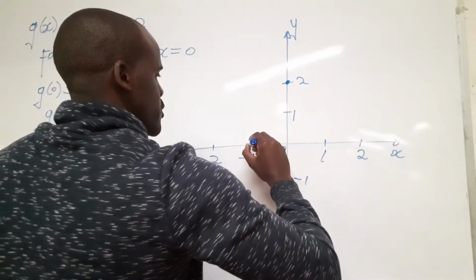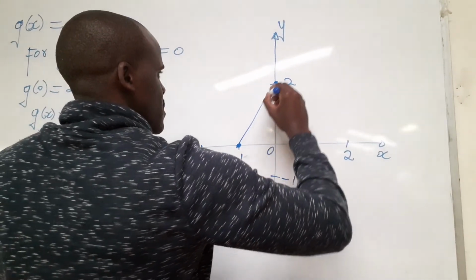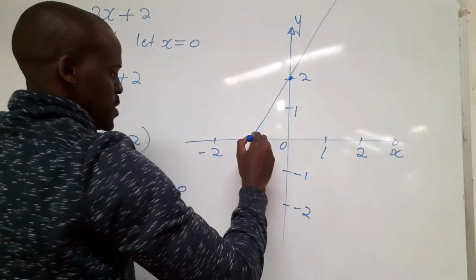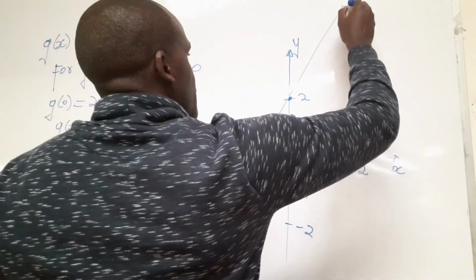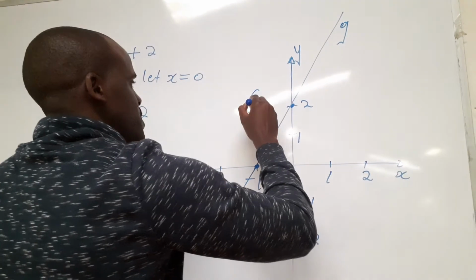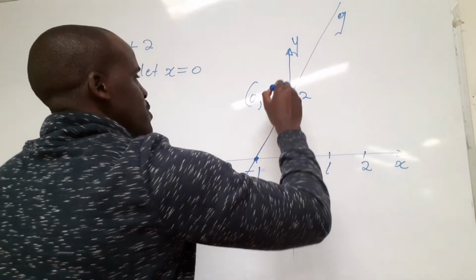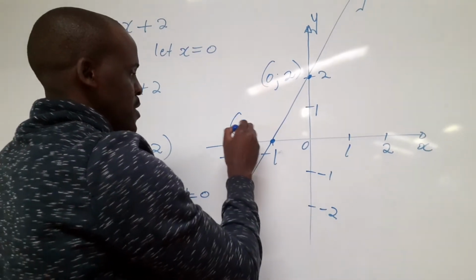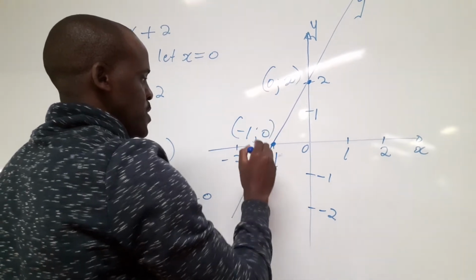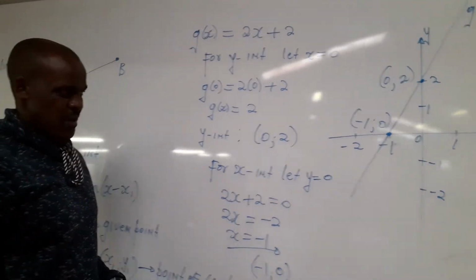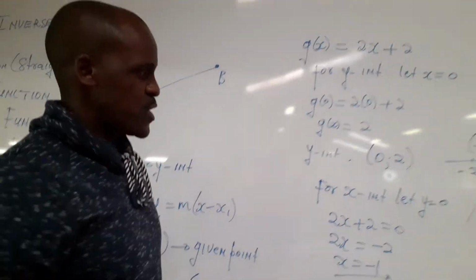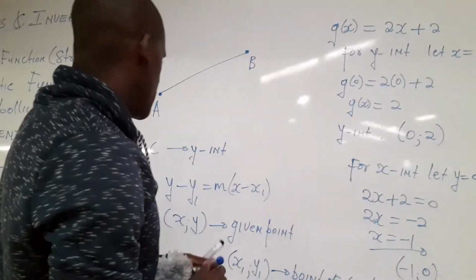Then you join the 2 points. This is the function g, with the point (0, 2) there and here (negative 1, 0). That's how to sketch a graph. It's simple. You just have to find the 2 points.